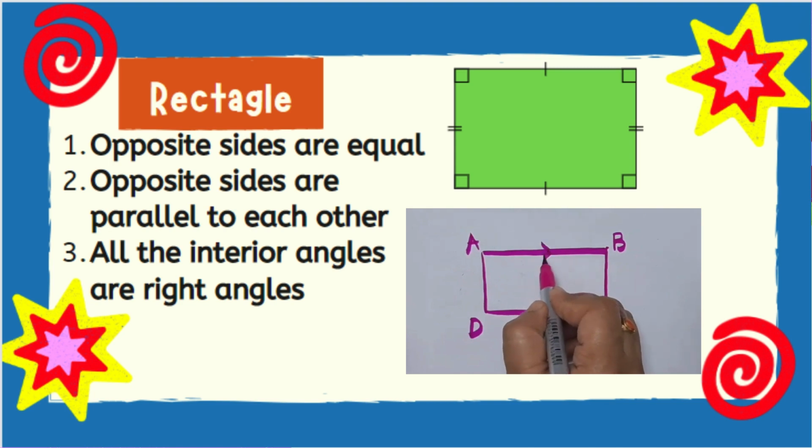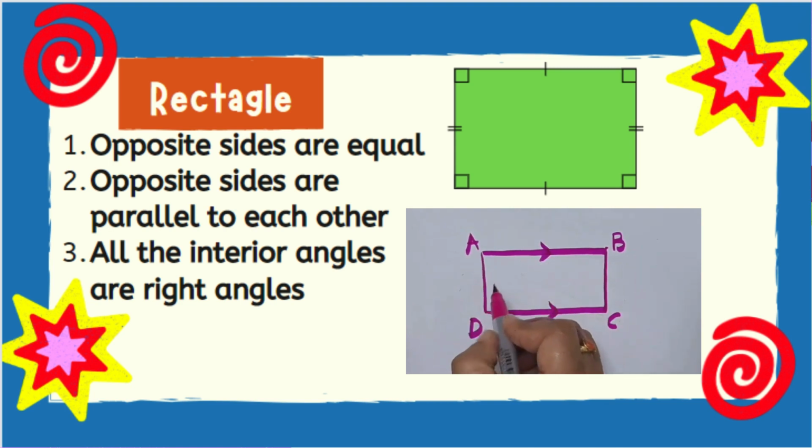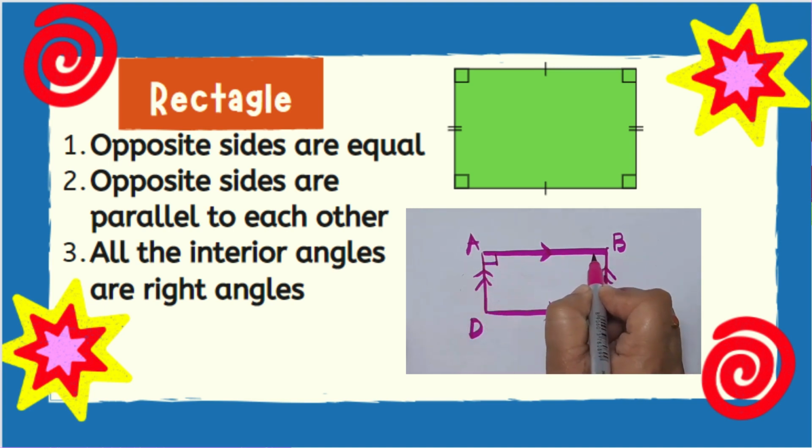AB is parallel to CD and AD is parallel to BC. And all the angles in a rectangle are right angles.